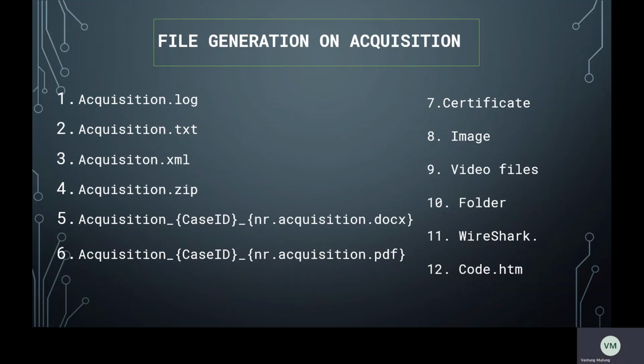So for every acquisition performed, this tool generates the following files in different formats. They are given here: log files, text files, XML, zip, document files, PDF, certificate, images, video files, folder, Wireshark, code, HTML.